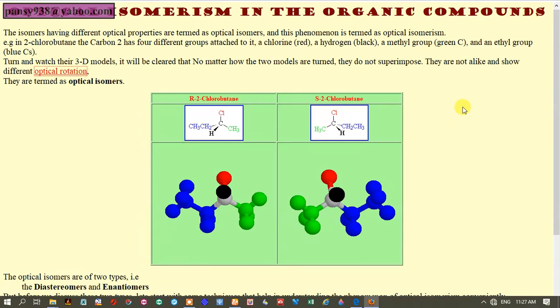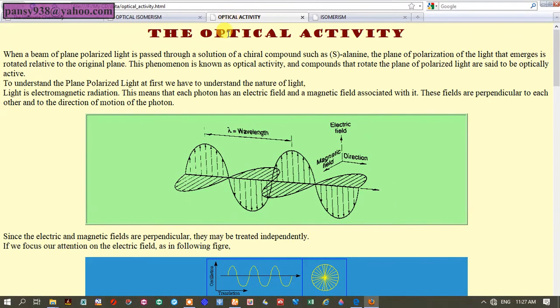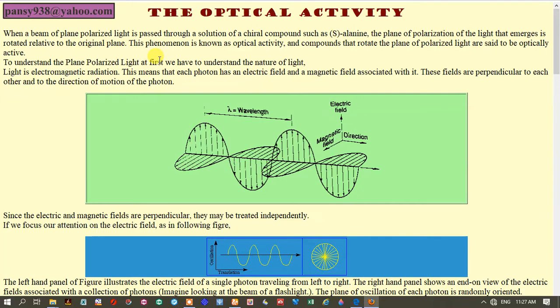Now before we proceed further, let's see what optical activity is. Optical activity is caused when plane polarized light is passed through a solution of a chiral compound, for example S-alanine and others.